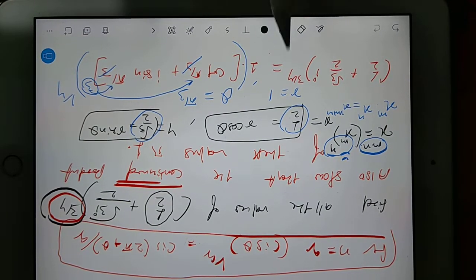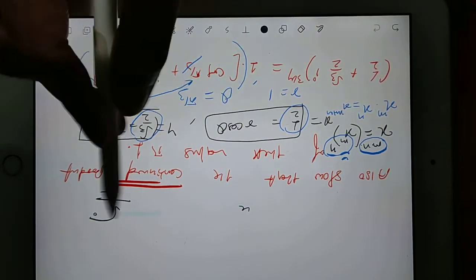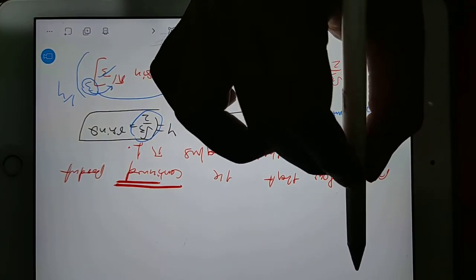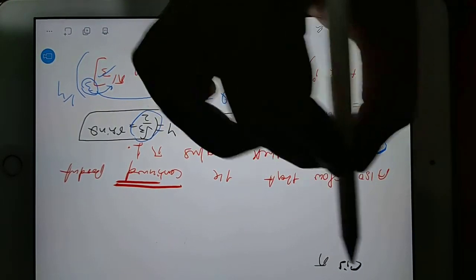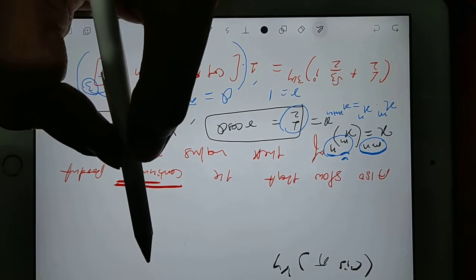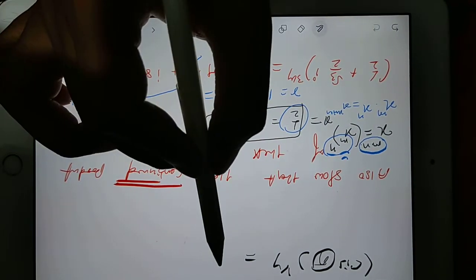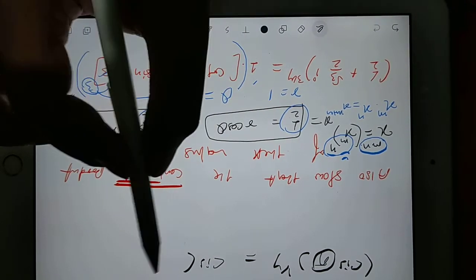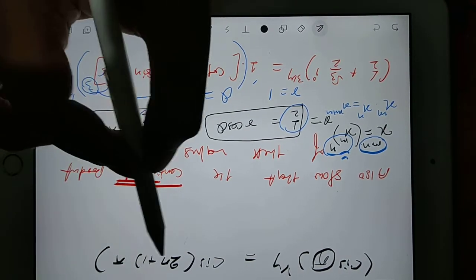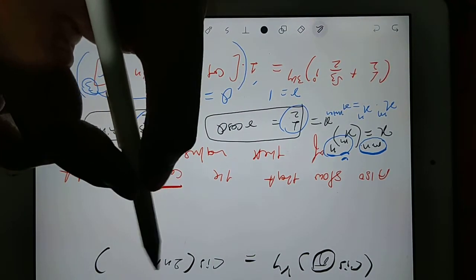Then I will be getting the remaining part. The remaining part I am writing here at the top. The remaining part will be cis pi, correct? Only pi will remain, whole power 1 by 4. Now this cis pi, like cis theta, I can write as cis (2n plus 1) pi, that is 2n pi plus pi.